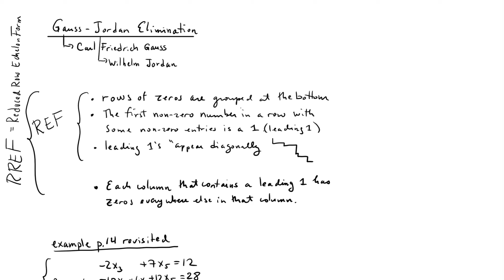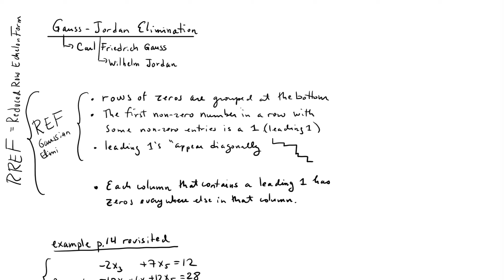Now, the algorithm that will bring us into row echelon form is Gaussian elimination. Gaussian, from the famous mathematician Gauss. Elimination.